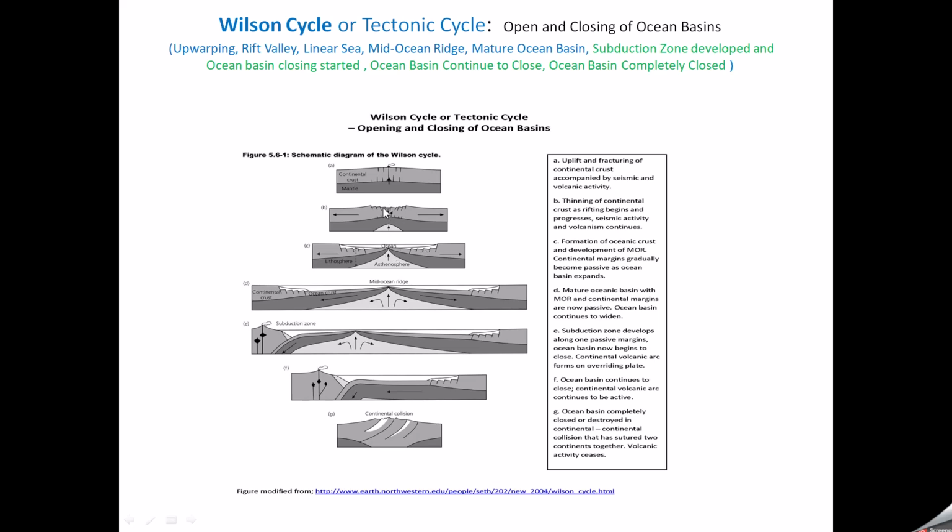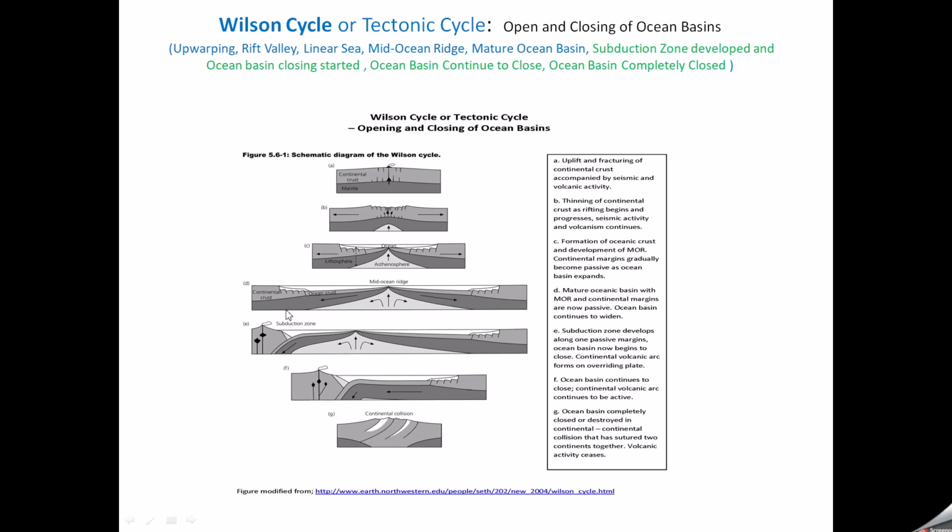This is the rift valley stage, and then it creates a linear sea like the Red Sea, and keeps opening and pushing both continental sides away from each other until it creates an ocean basin. And this middle part we call mid-ocean ridges, like the Atlantic Ocean.